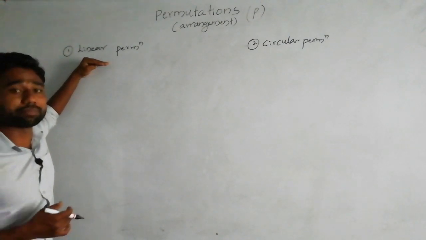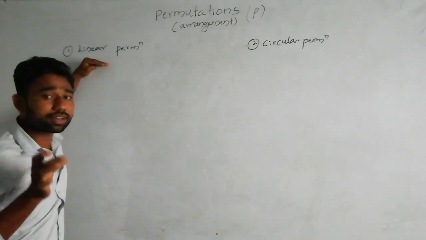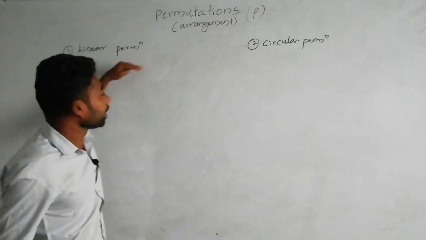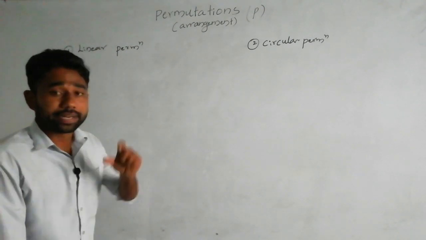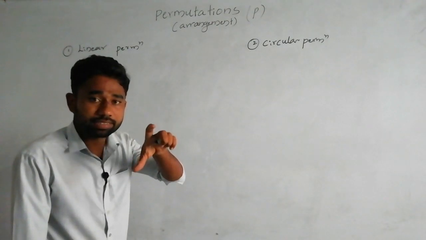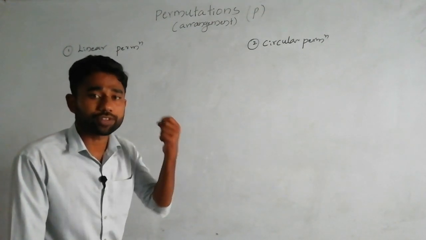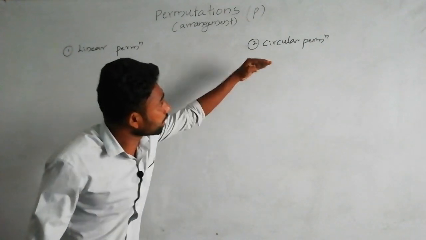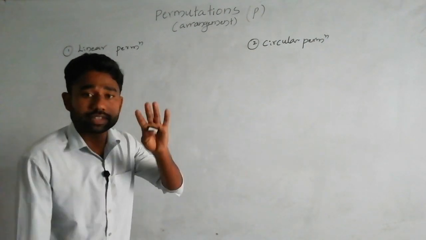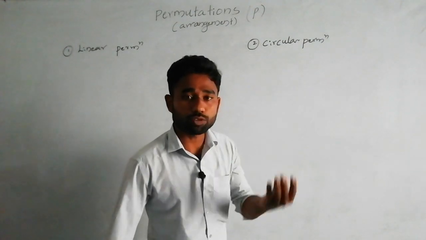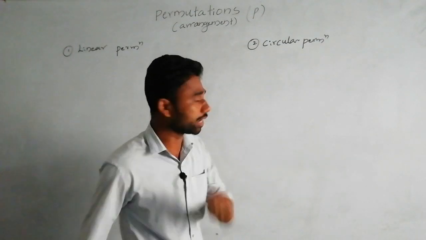Linear permutation means the things or objects are arranged in a linear form. Linear means line, so the things are arranged in the form of a line. Circular permutation means the things are arranged in the form of a circle.